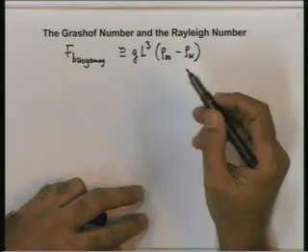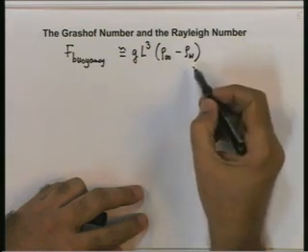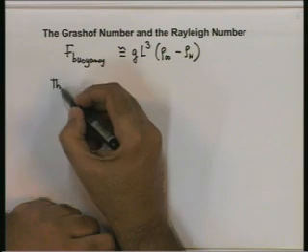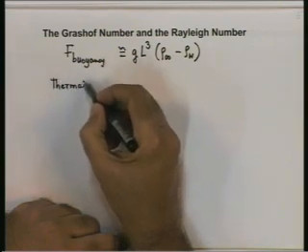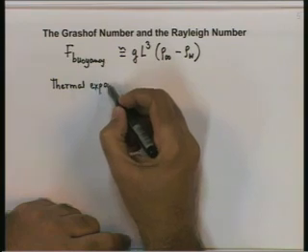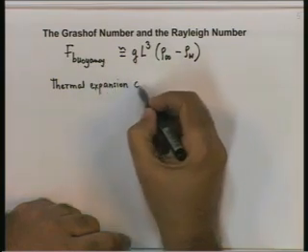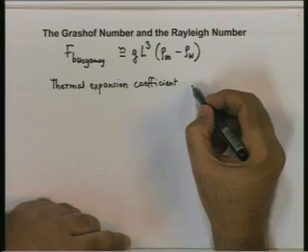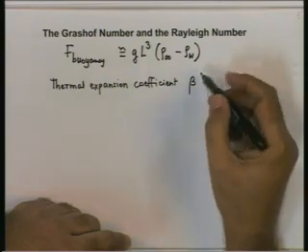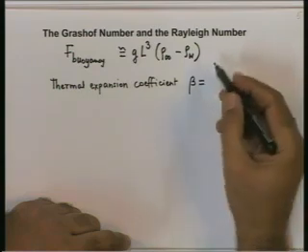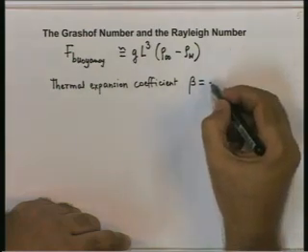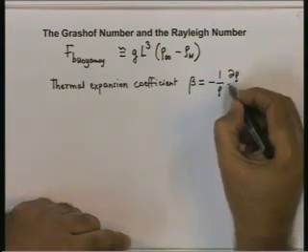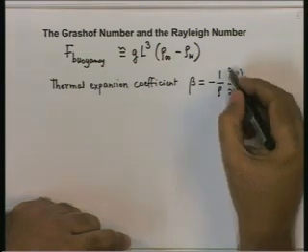Okay. Now, the density difference is related to the temperature difference. We define the volumetric thermal expansion coefficient. This is usually given the symbol beta, and this is defined as minus 1 over rho, partial of rho with respect to T at a constant pressure.